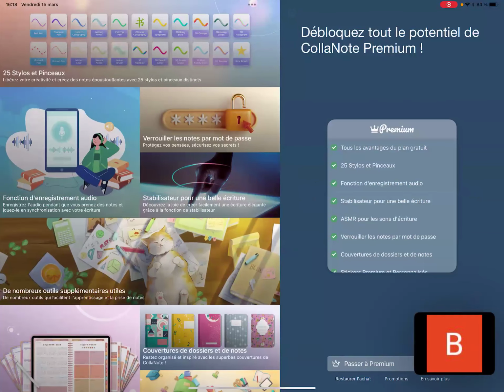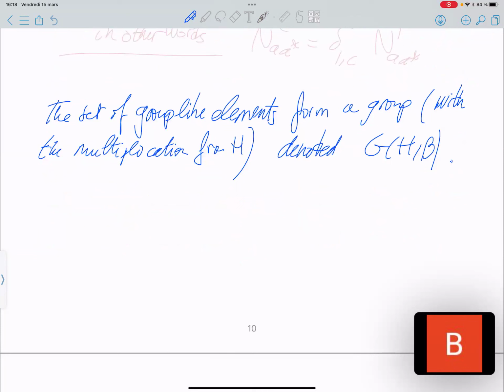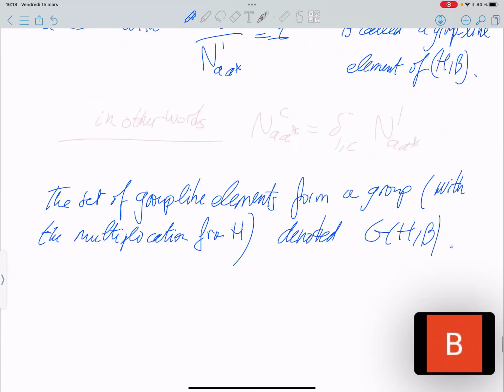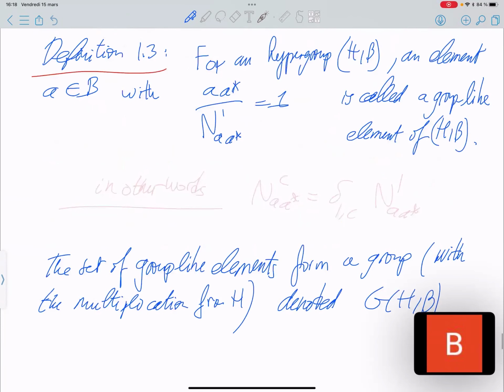Now, definition of hypergroup. So we stated this theorem. This theorem is not true in general for a general hypergroup.